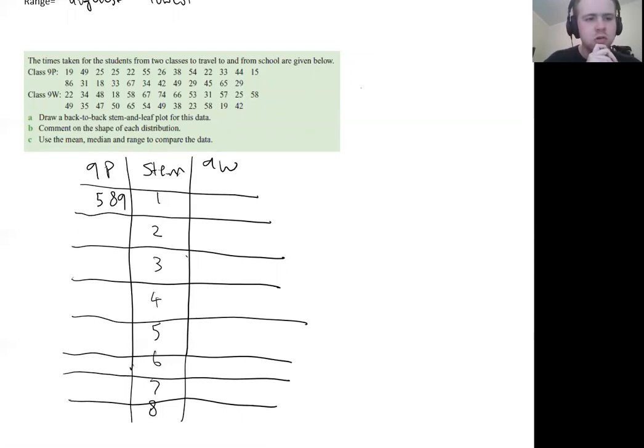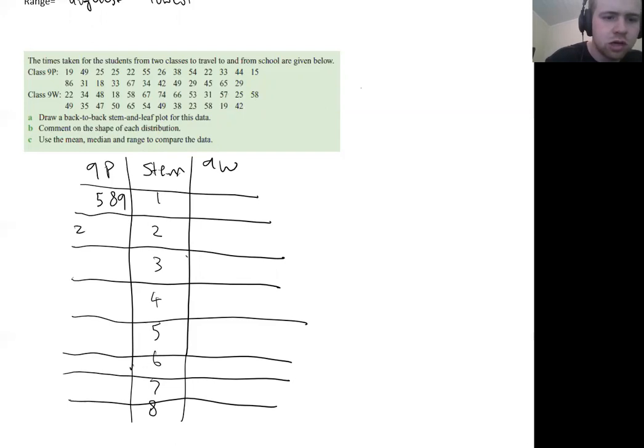For the 2s in 9P, I can see there's a 22, another 22, two 25s, a 26 and two 29s. Are there any others that I've missed? That looks like that's all of them. So we can write those out.